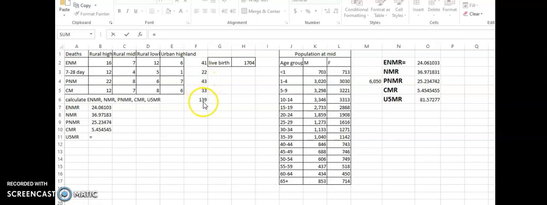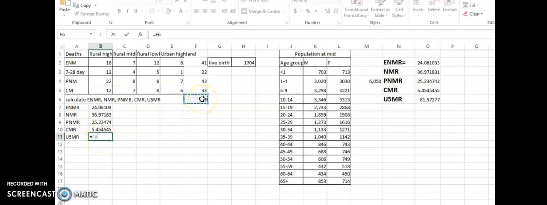It will be 139. 139 is all of the deaths here to calculate the under 5 mortality rate, and the denominator will be live births in the given year.